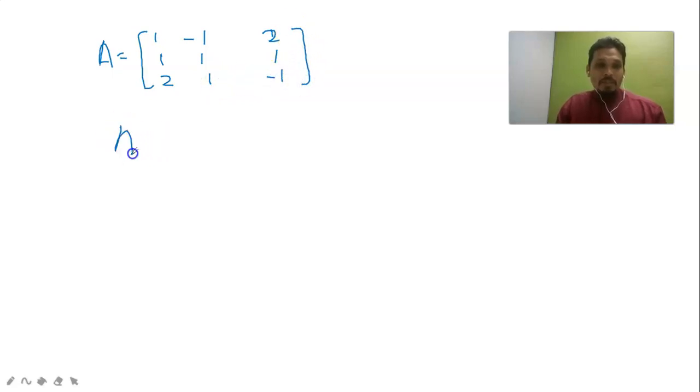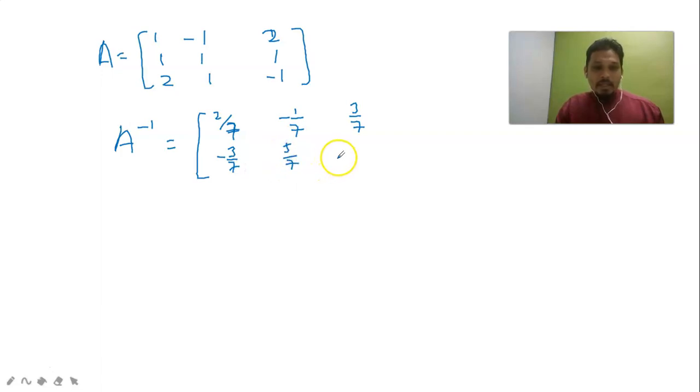And finally, we get what we call the inverse of the matrix of A, which is 2 over 7, negative 1 over 7, and 3 over 7, negative 3 over 7, 5 over 7, and negative 1 divided by 7. And the next row, which is 1 over 7, 3 over 7, and negative 2 over 7.